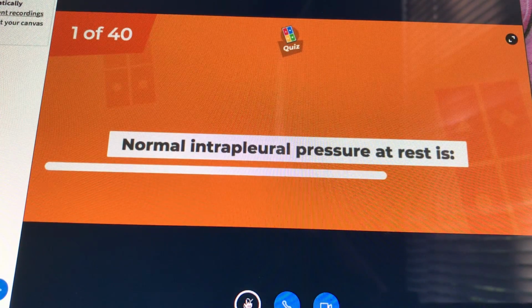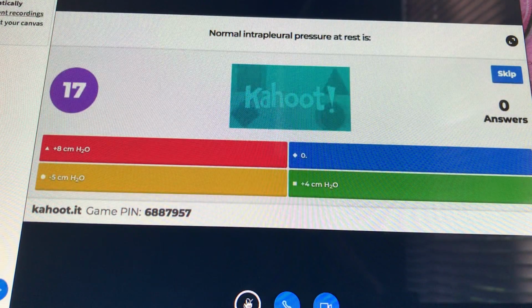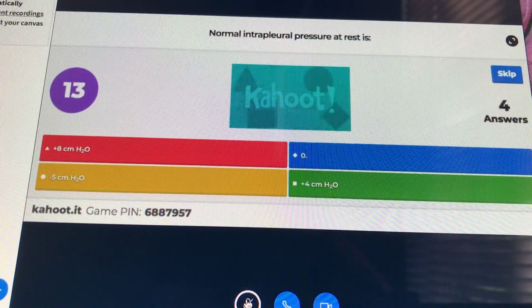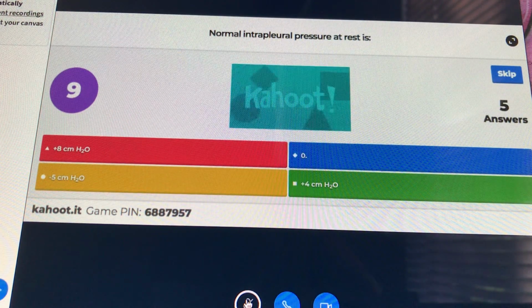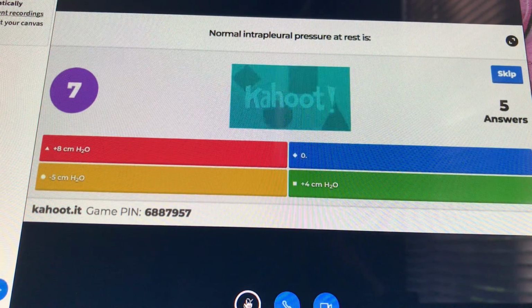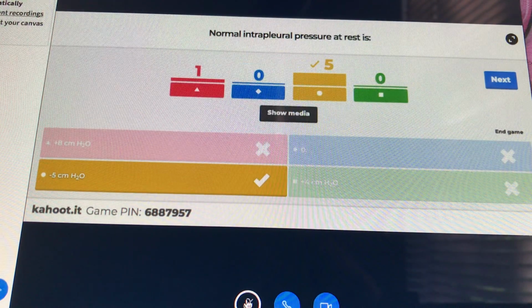Normal intrapleural pressure at rest is. Good, that would be -5 centimeters of water pressure.